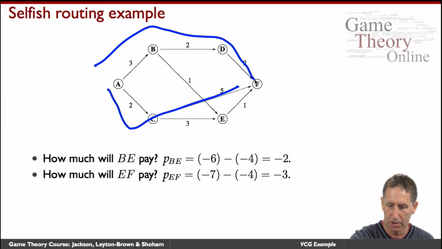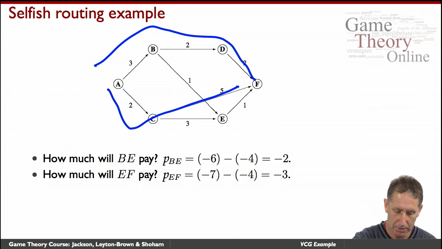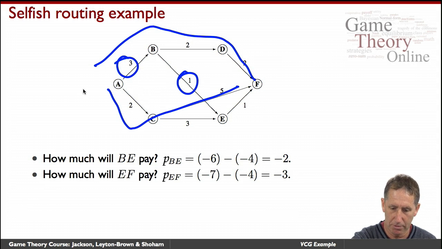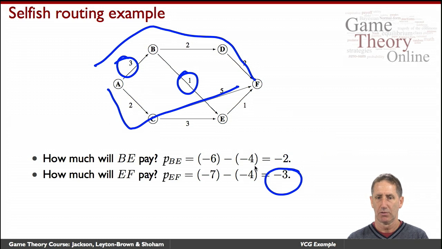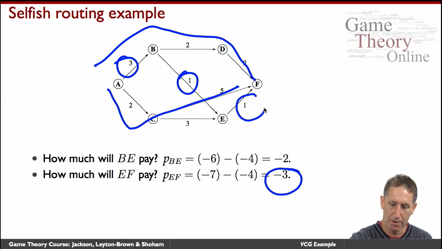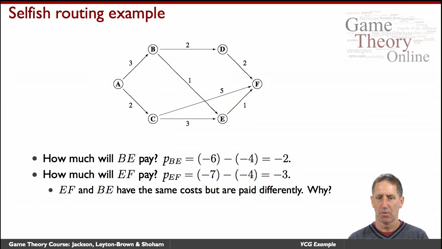In both cases, the cost of the shortest path would be 7, so the total cost to the population without them in the picture would be 7. With them, the cost is, again, the 1 plus 3. It's a 4, and so they get the difference of 3. So the payment would be 3, and therefore the net profit would be 3 minus 1, namely 2.